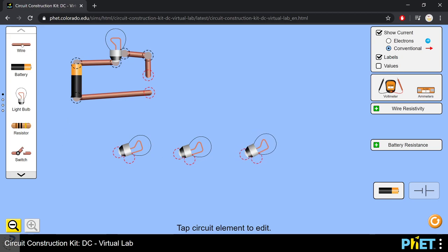Okay. I need all the bottoms to be connected to each other and all the tops to be connected to each other. When I say bottom and top, for light bulbs it'll be bottom and side. So here it is.